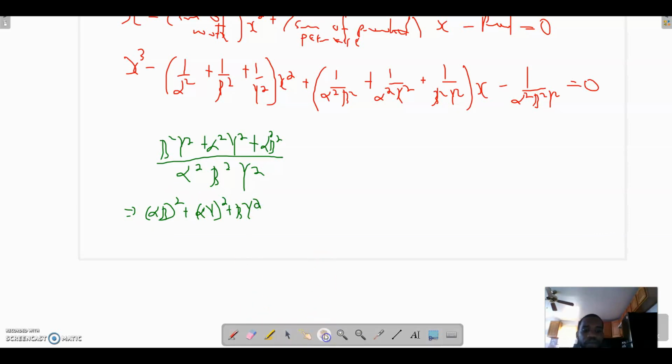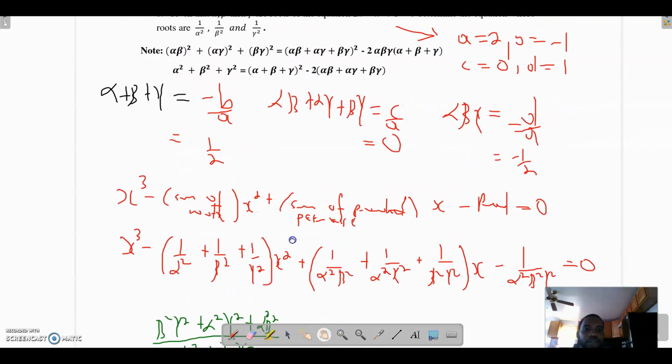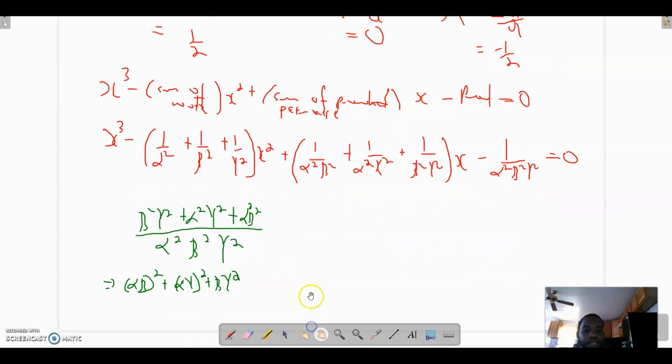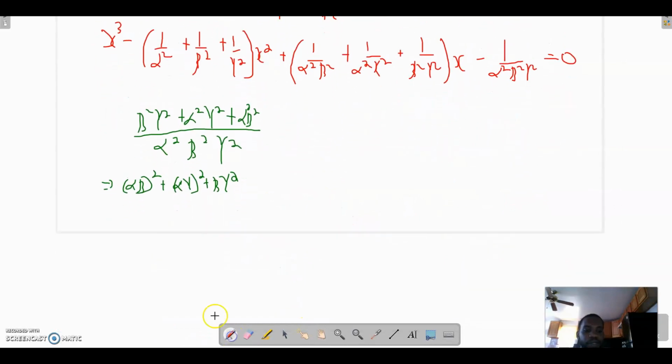I want to write it the same way so that we can use the identity that we have up here. This identity says this is equal to alpha beta plus alpha gamma plus beta gamma all squared, minus 2 alpha beta gamma times alpha plus beta plus gamma.